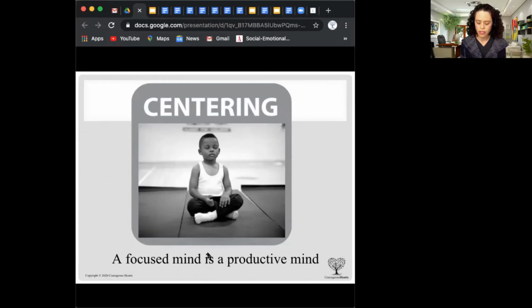Just put those to the side so you can be fully here right now. And set an intention for your learning, whatever that looks like for you. In other words, what do you want to get out of this for yourself? And when you're ready, you can open your eyes and let's go ahead and get started.